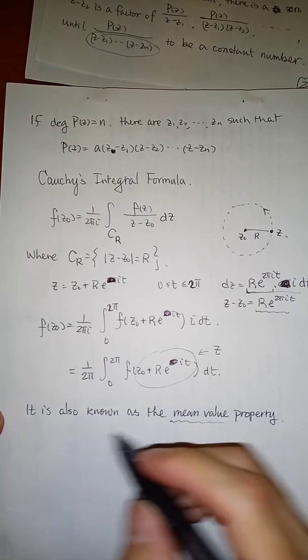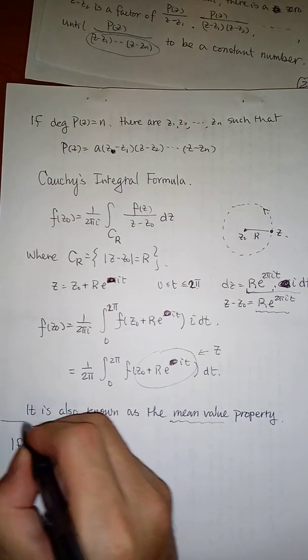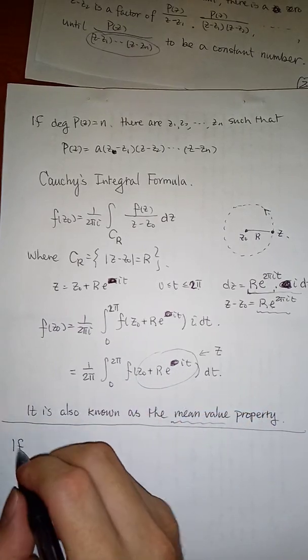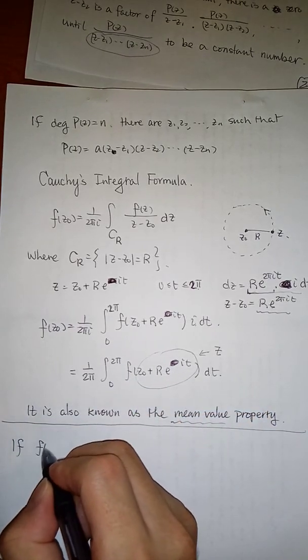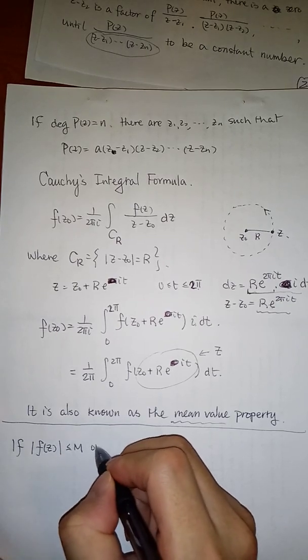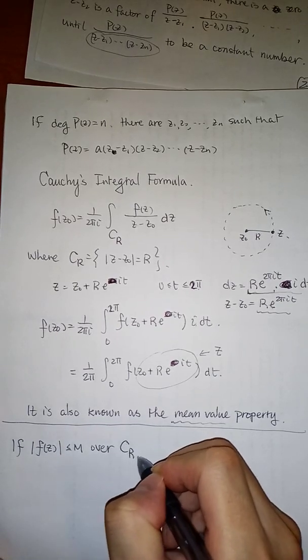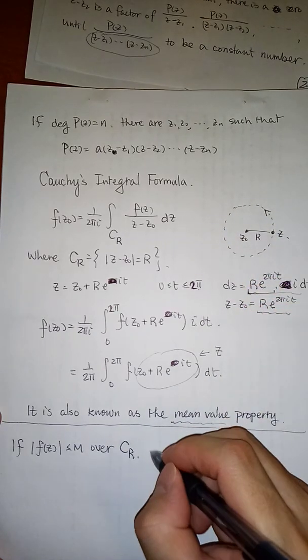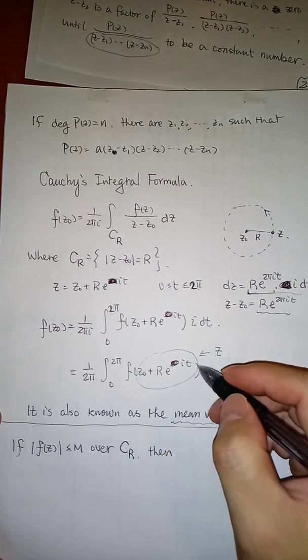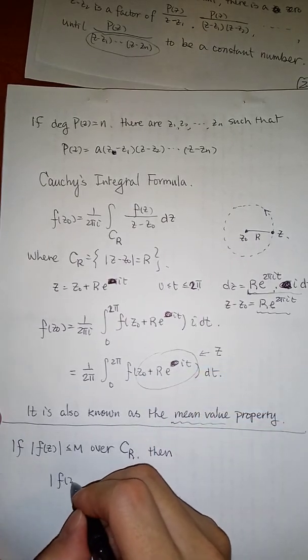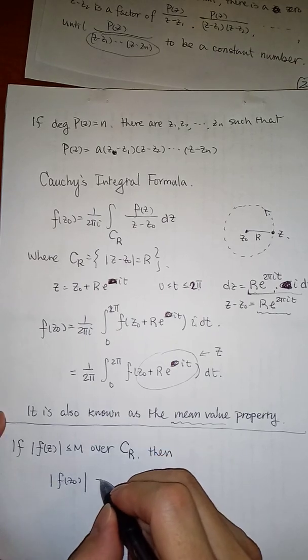From here we can see one property, very important to keep in mind. If f of z is bounded by M over C_R, if you know that the function is bounded over the circle, then apply the triangle inequality.